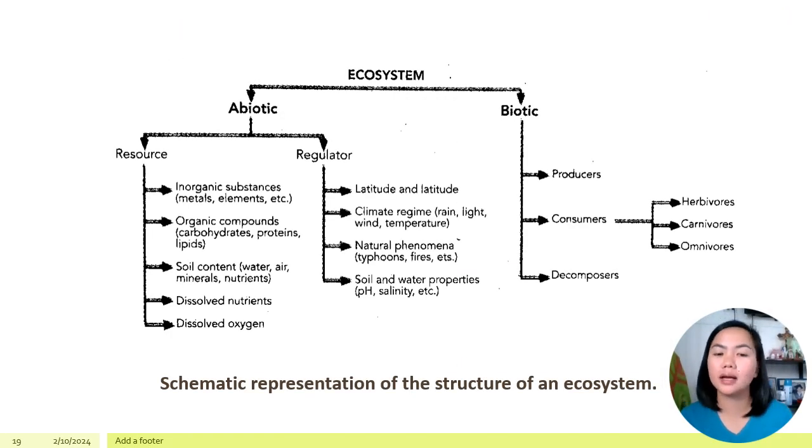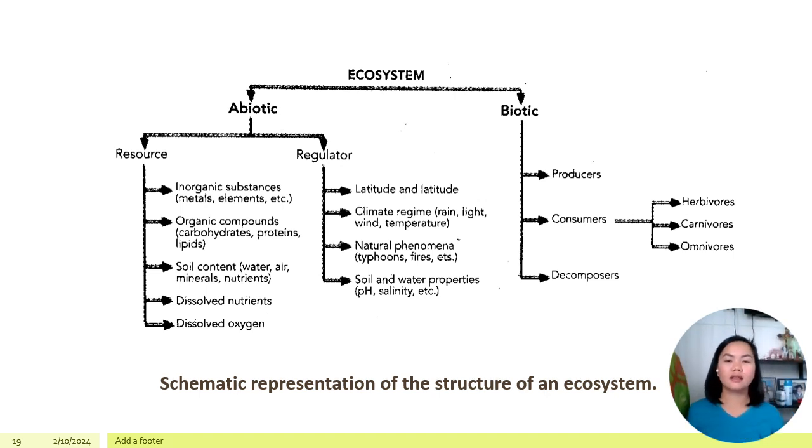Here is a schematic representation of the structure of an ecosystem. So, the summary of what we have tackled thus far. We have here an ecosystem. Again, when we say ecosystem, it's a functional unit of the interaction. That's our keyword there, the interaction of non-living and living components.